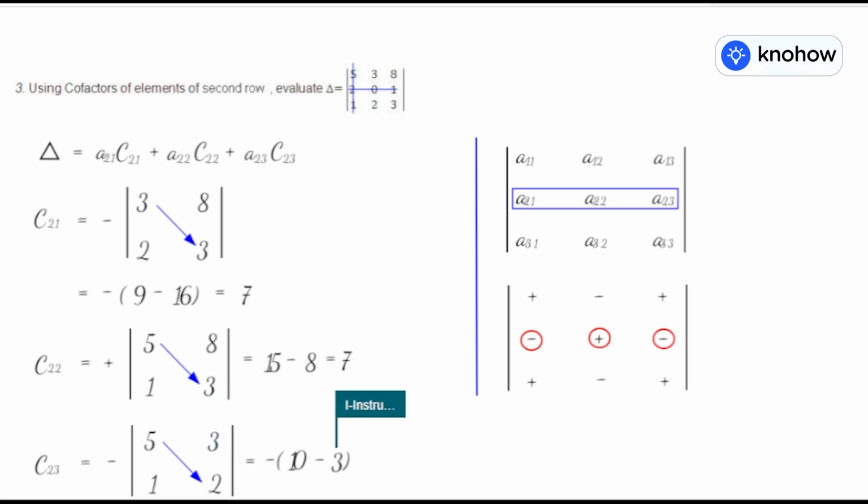So replacing these values and the values of the elements, the value of the determinant will be, let me write the formula again, with respect to second row: A21 into C21 plus A22 into C22 plus A23 into C23. We have worked out the cofactors and we know the values of the elements. The elements of the second row are 2, 0 and 1. And what are the respective cofactors? 7, 7 and negative 7.